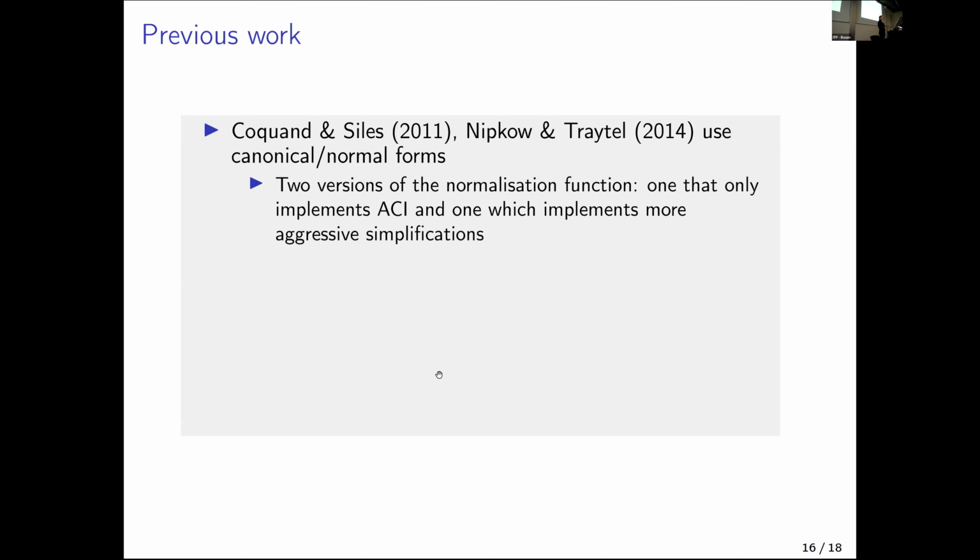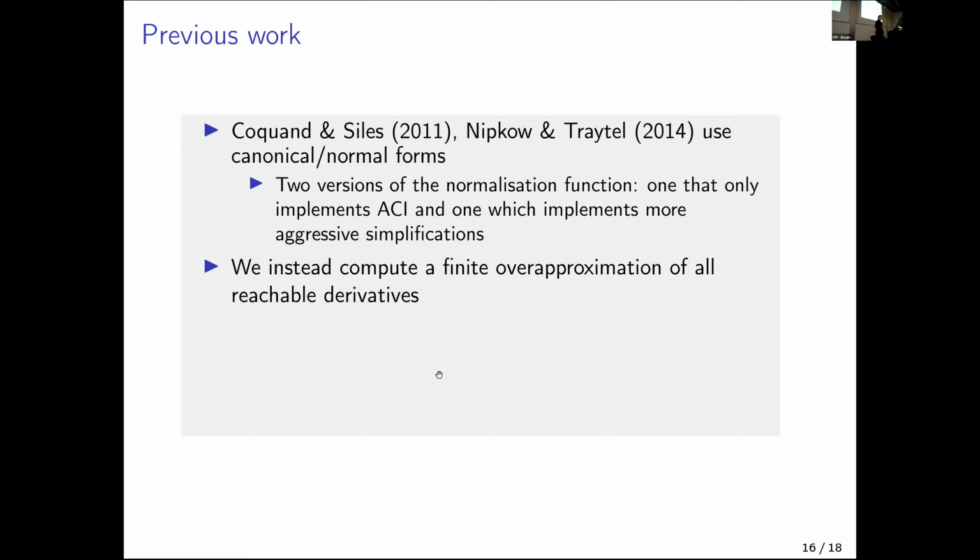But both of these define a normalization function, which essentially has the ACI equations built into it from the very start. And then they have two versions of it. One is just a vanilla ACI, and one has more aggressive simplifications, because in practice, you want to have a more performant algorithm.